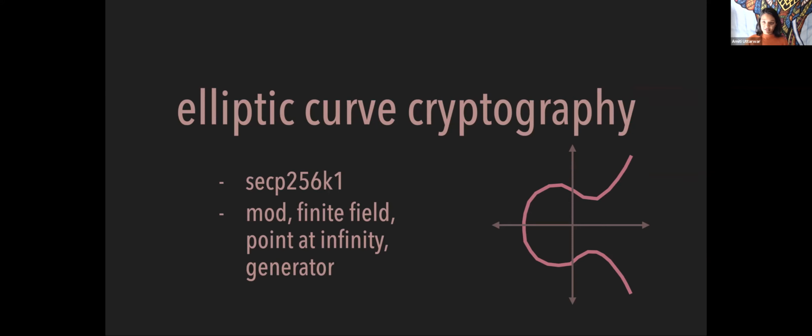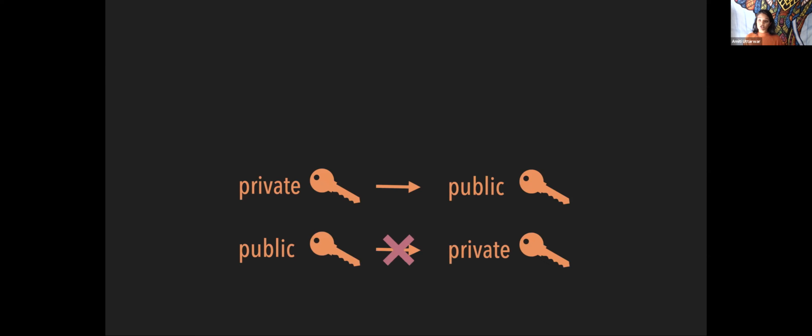Really, the crux of this idea right here is that we use elliptic curve cryptography as a mathematically sound one-way function. And that's what enables us to go from getting the private key and turning it into a public key quite easily, but then making sure that that's really hard to reverse.